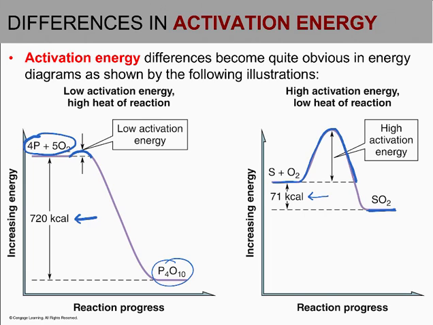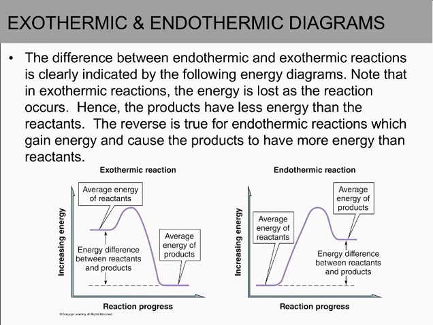All right, so let's talk about endothermic reactions, because we already talked about a lot of different exothermic examples, but some reactions are endothermic. So down below, we have an exothermic energy diagram on the left, and then an endothermic energy diagram on the right.